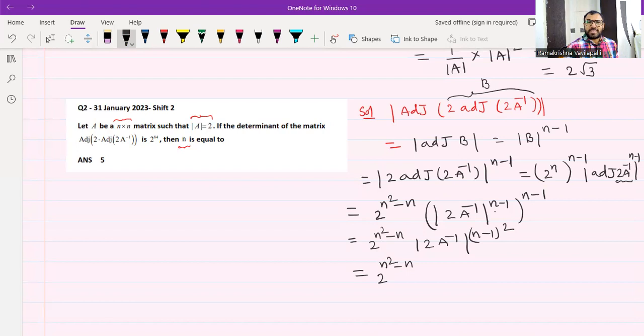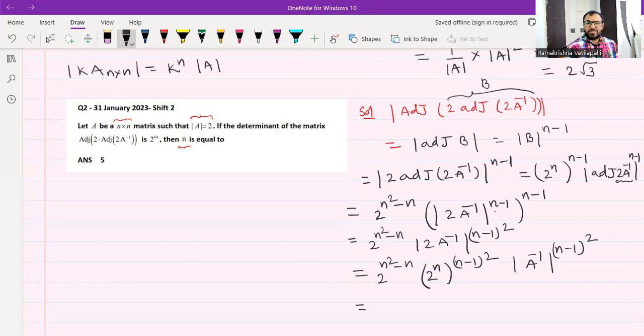Using the property that det of K times A, for an n by n matrix, equals K to the power of n into det A, here K is 2. So we'll have 2 to the power of n, whole to the power of n minus 1 whole square, into the determinant of A inverse whole to the power of n minus 1 whole square.